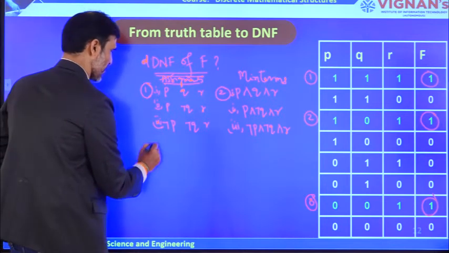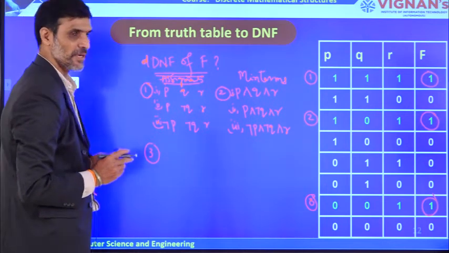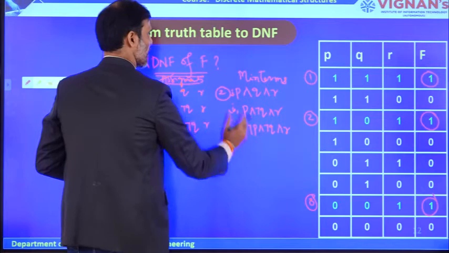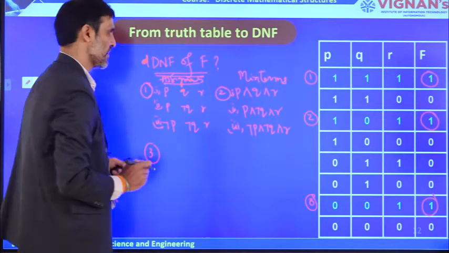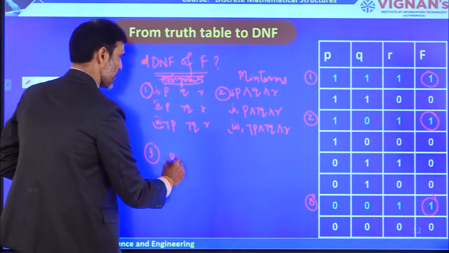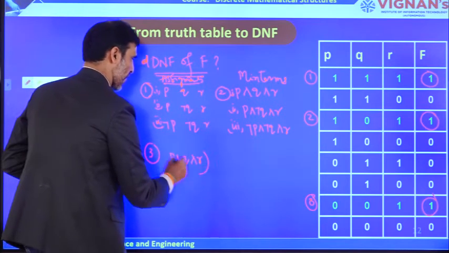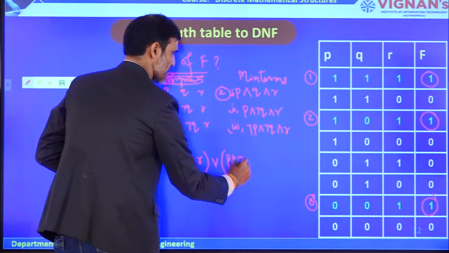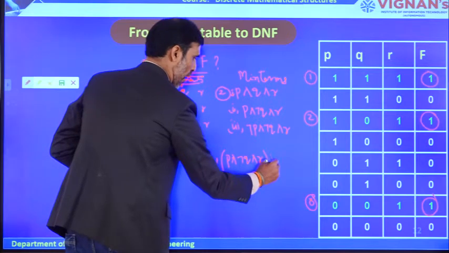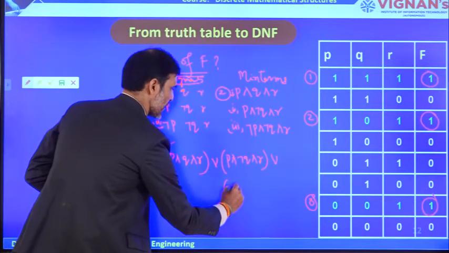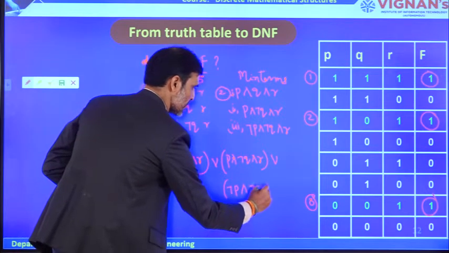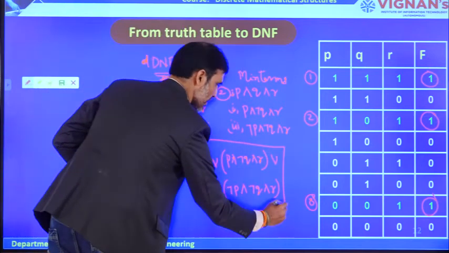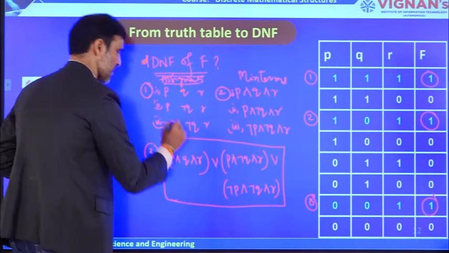And what is the third step? After writing the minterms, you need to take the disjunction of these minterms. The disjunction is P and Q and R, or P and negation Q and R, or negation P and negation Q and R. So, this is the disjunction of all the minterms from the given truth table.